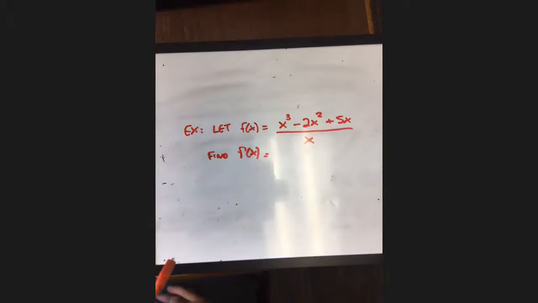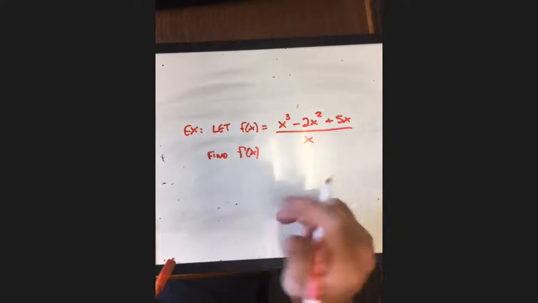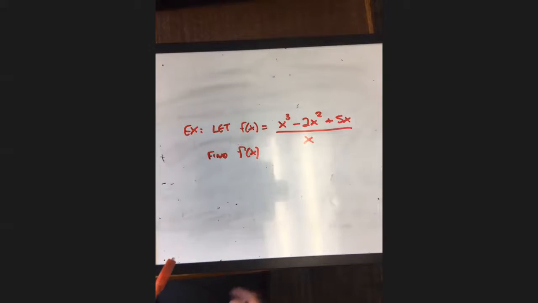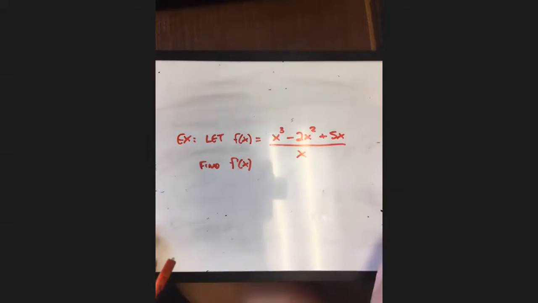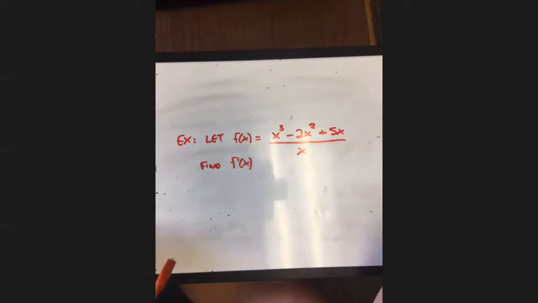Okay. So looking at the function, the first thing we should notice is this is a quotient. It's a degree 3 polynomial divided by a degree 1 polynomial. And so we should immediately be thinking quotient rule. Now, there's a shortcut in this problem, and here's the shortcut. Just like in the previous problem where I used quotient rule, if I can get away with doing a little bit of algebra first, sometimes I can eliminate the need for a derivative rule.